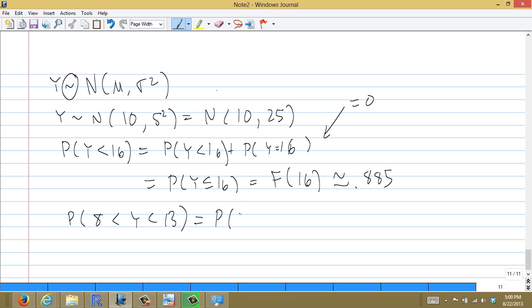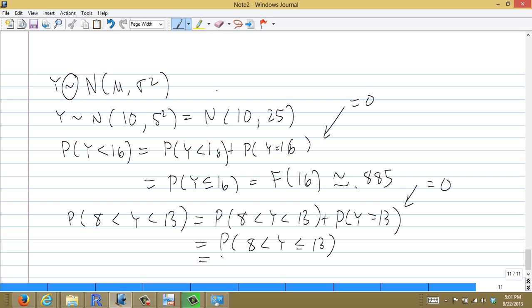And if we add 0 to that in a fancy way, right, so we add the probability that y is equal to 13, since that's equal to 0, we get the probability that y is greater than 8 and less than or equal to 13, which can be re-expressed as the probability that y is less than or equal to 13 minus the probability that y is less than or equal to 8, which is just the CDF of our random variable evaluated at 13 minus the CDF evaluated at 8. So now we can go back to R and quickly calculate those two probabilities.